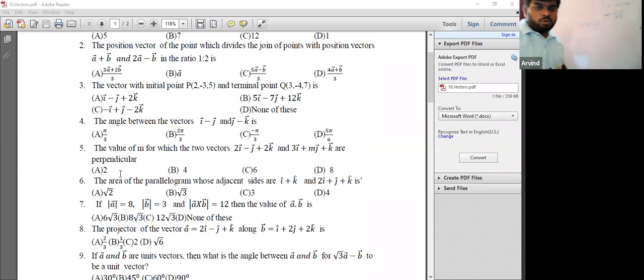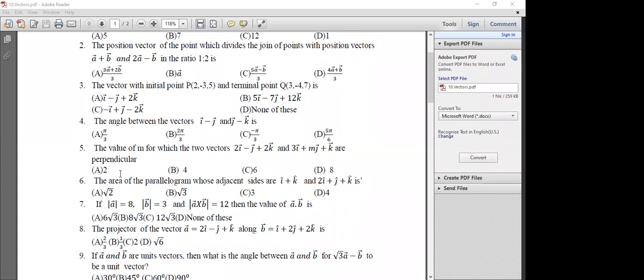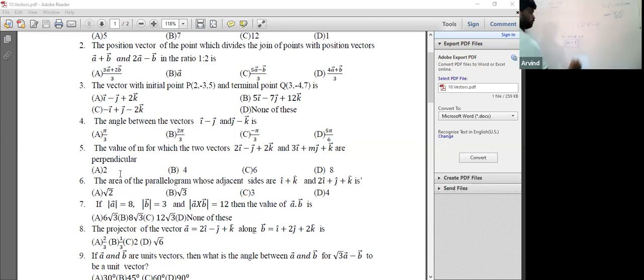So 6 minus m plus 2 is 8, option B. Therefore, m will become 8. So remember the condition: if two vectors are perpendicular, then their dot product will give you 0.